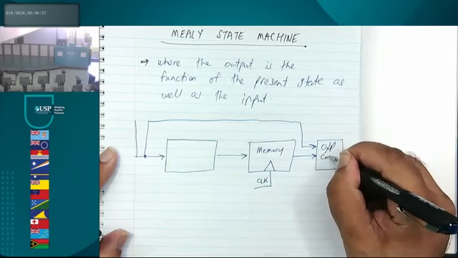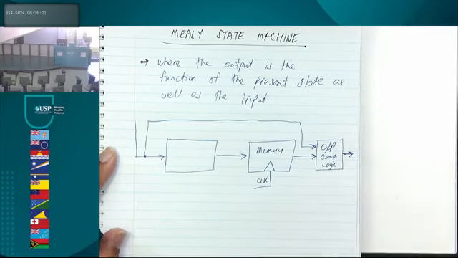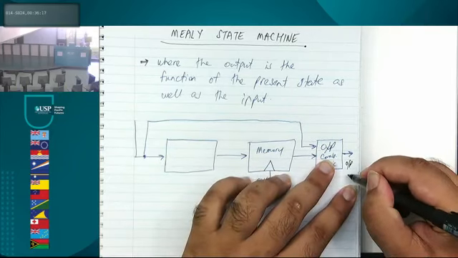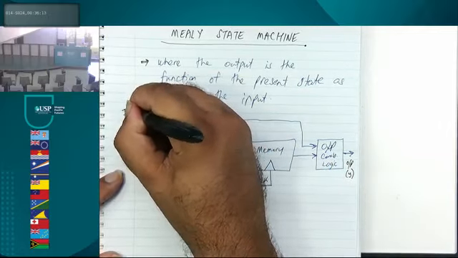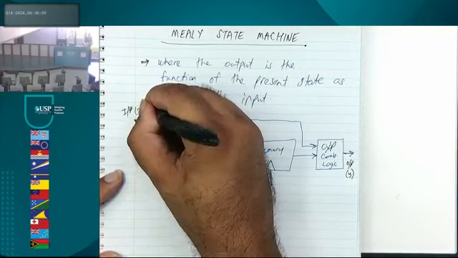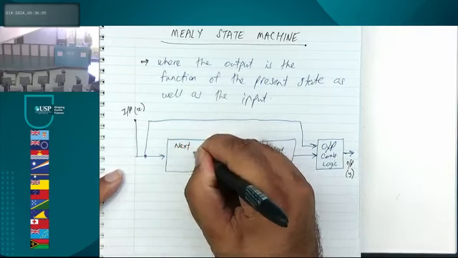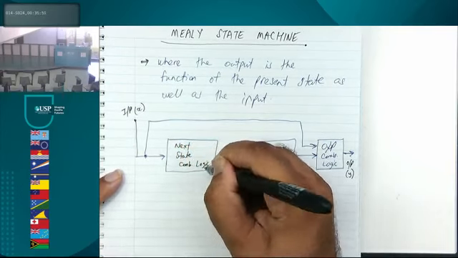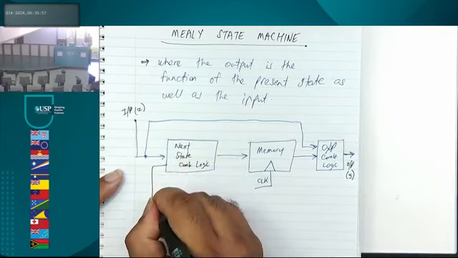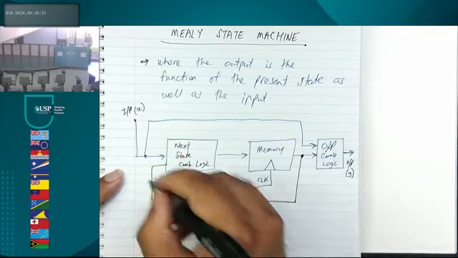Output combinational logic, and then we say that's our output Y. This here is our input. Sometimes we call it X, but it doesn't have to be called X. This is next state combinational logic, and then of course there's always feedback going in.